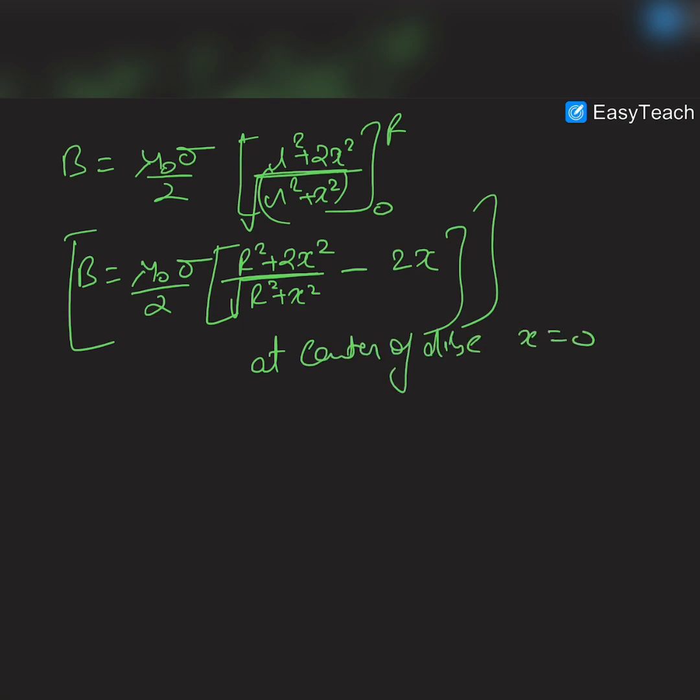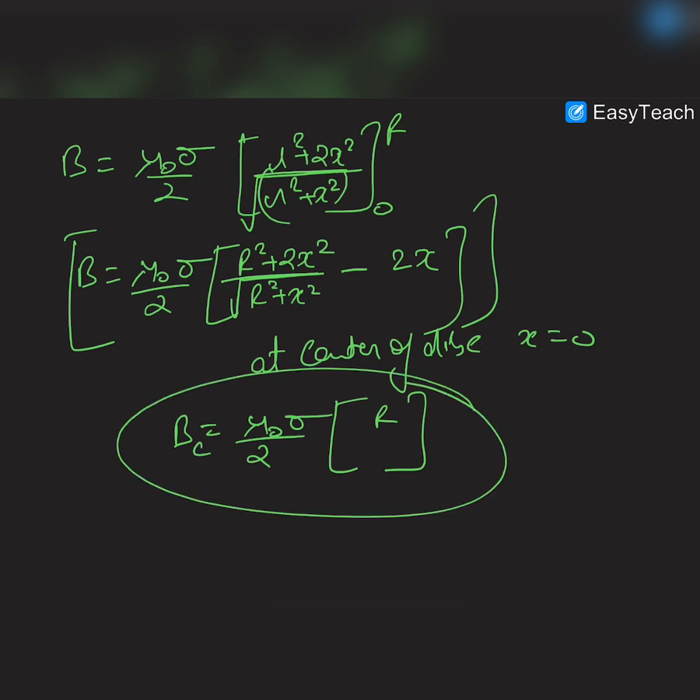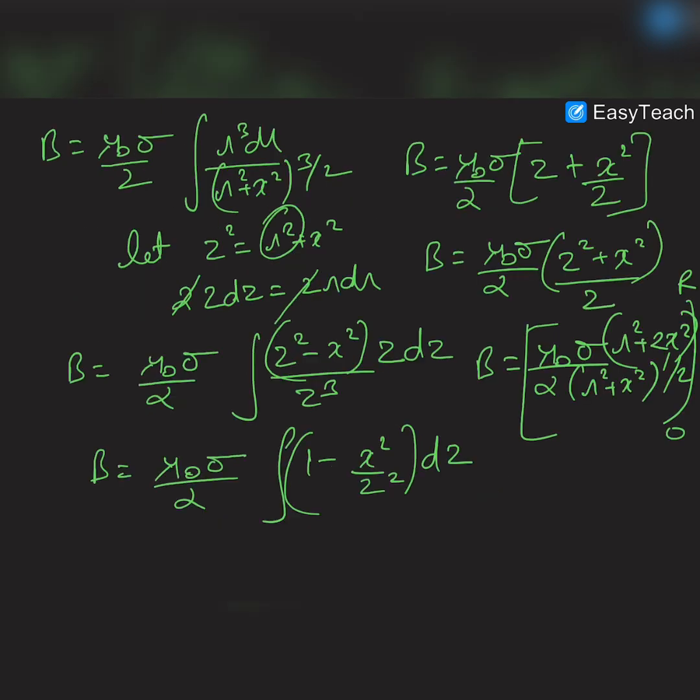At the center of the disk x will be 0, so B will be equal to mu naught sigma by 2, and as x is 0 it would be equal to r only. And obviously I forgot to write, there would be an omega also in the complete expression, which I forgot to write down.